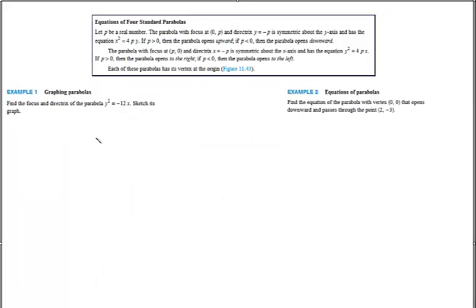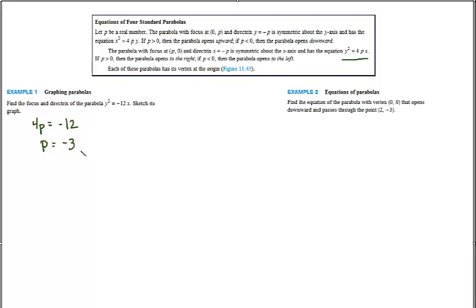In our first example, we're to find the focus and the directrix. So let's look at our equation and note that it is of this form here. So that lets me know that 4p is going to equal the minus 12. So I need to figure out what p is. P then equals negative 3.